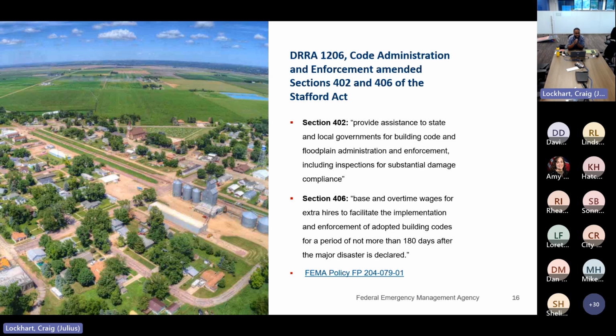Section 406 will provide for base and overtime wages for extra hires, facilitate implementation and then enforcement of adopted building codes for a period of no more than 180 days after a major disaster declaration is declared. So if you have to hire additional staff, you have to work overtime to do floodplain compliance, the permitting process, substantial damage assessments, communities will be reimbursed for doing substantial damage, for doing floodplain compliance.